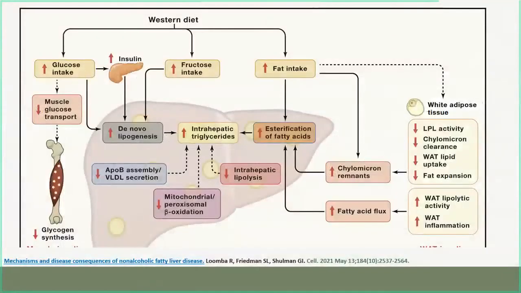So this is the general outline of the mechanisms that lead to the development of fatty liver. What you have here is muscle insulin resistance on the one hand, and adipose tissue insulin resistance, and then you have diets with increased glucose and increased fat intake, and of course fructose.